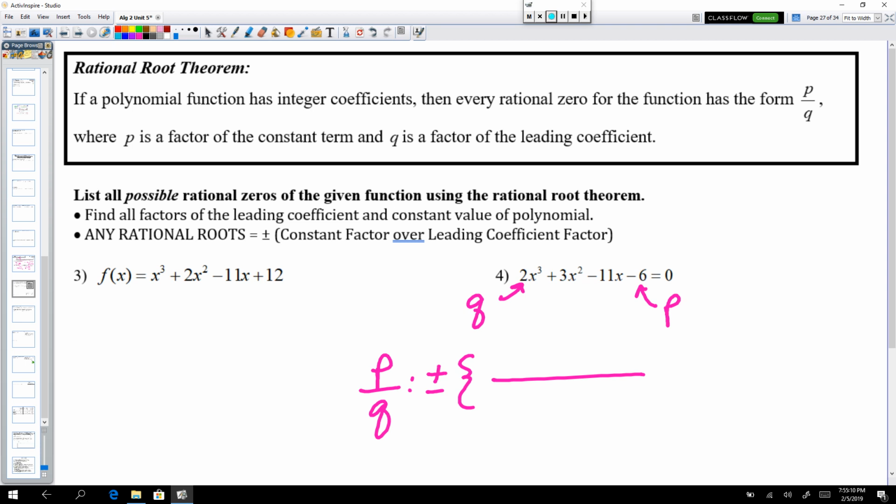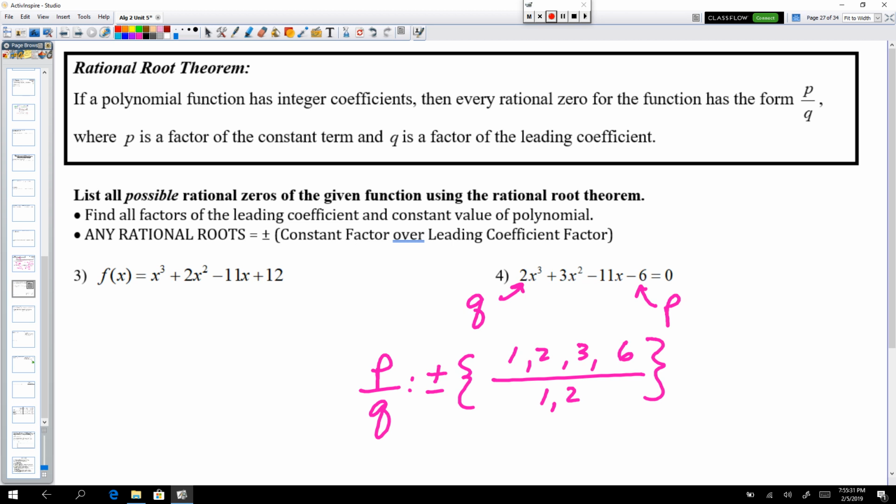So all the things that multiply to 6 go on top. So 1 times 6, 2 times 3, and that's about all I have, right? 1, 2, 3, and 6. Those are all the factors of 6 that exist. And on the bottom, I have things that multiply to 2, really only 1 times 2 as the factors of that, right?